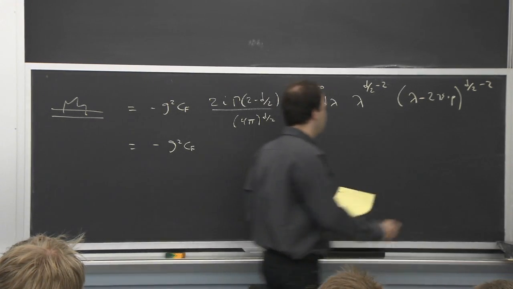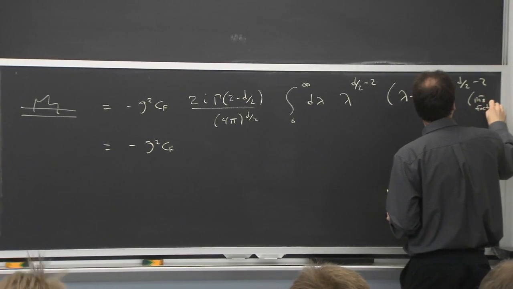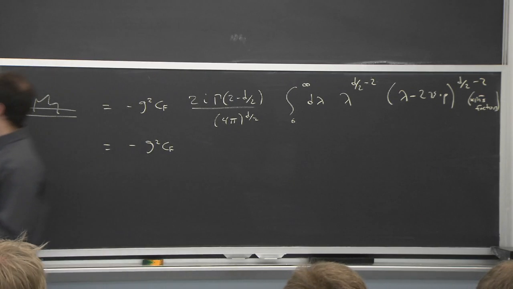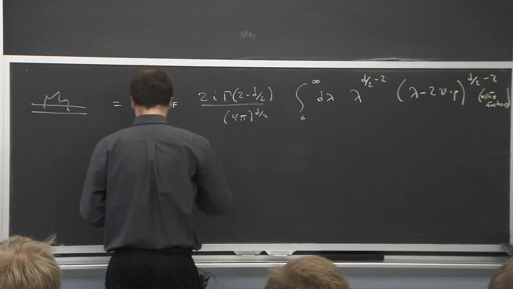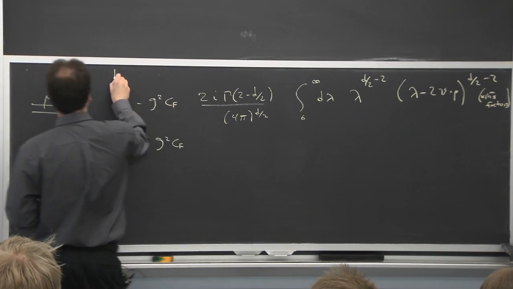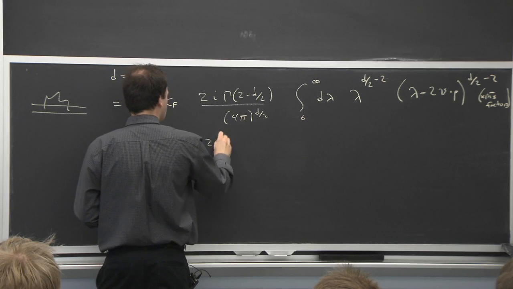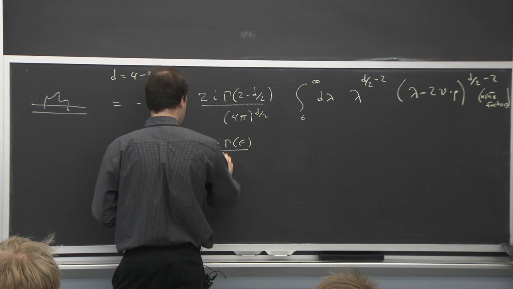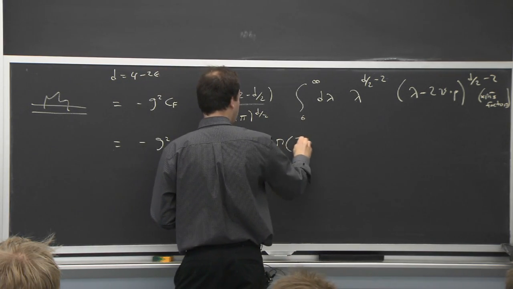There's some factors that I'm dropping. So there's that e to the Euler gamma times epsilon and the 4 pi to the minus epsilon. So write in everything with d equals 4 minus 2 epsilon. Do that integral, which is just giving some gamma functions.